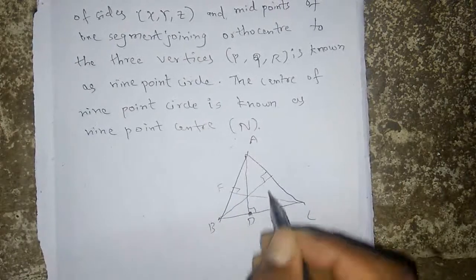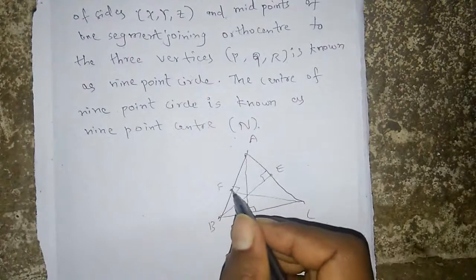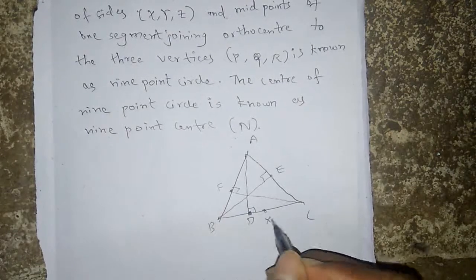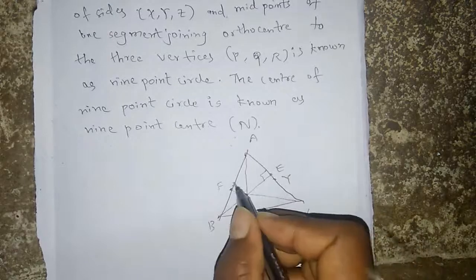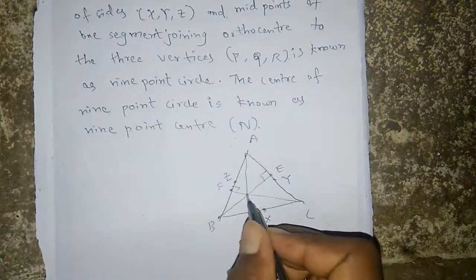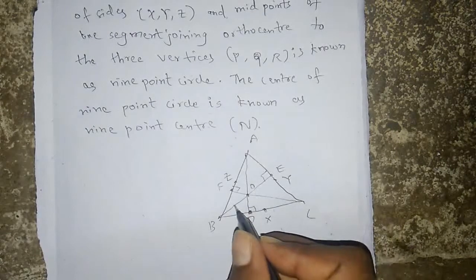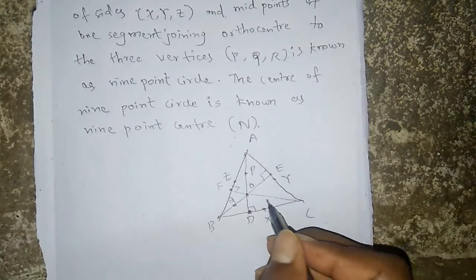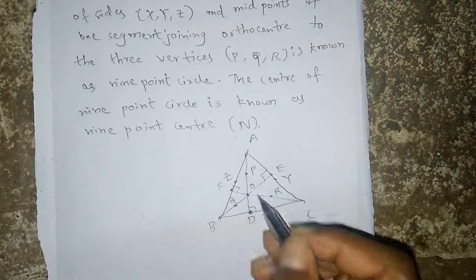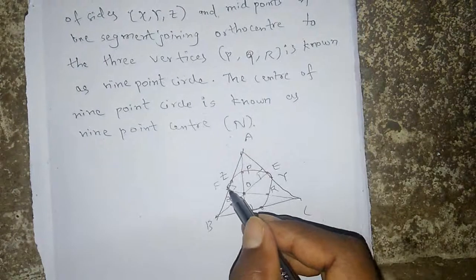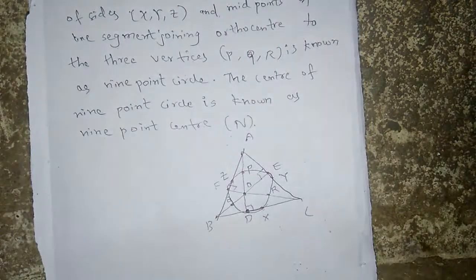So here feet of the altitudes are D, E, F, and the midpoints of the sides are X, Y, Z, and midpoints of the line segment joining orthocenter to the vertices, this is orthocenter capital O, its midpoints are this is P, Q, R. So here if you observe, a circle forms clearly. This is 9-point circle.